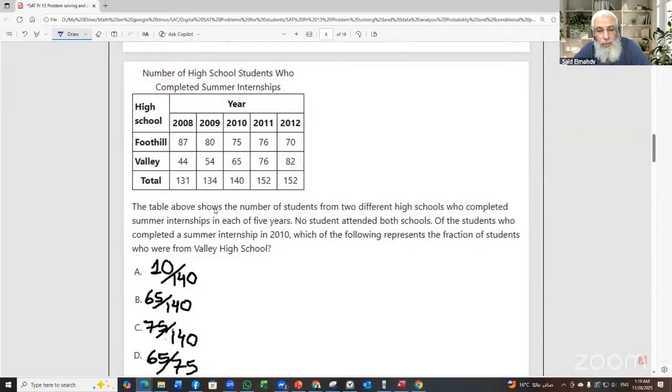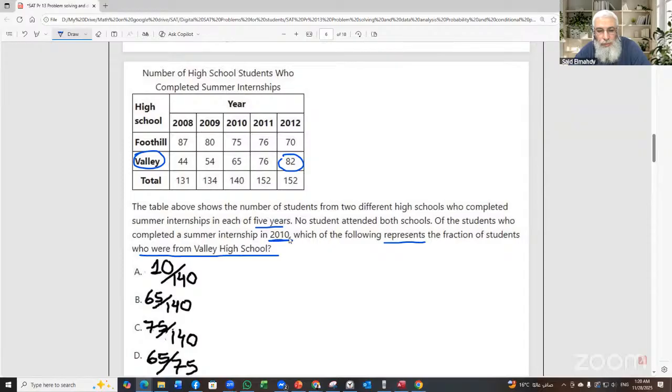The table above shows the number of students from two different high schools who completed a summer internship in each of 5 years. No student attended both schools. Of the students who completed a summer internship in 2010, which of the following represents the fraction of students who were from Valley High School?